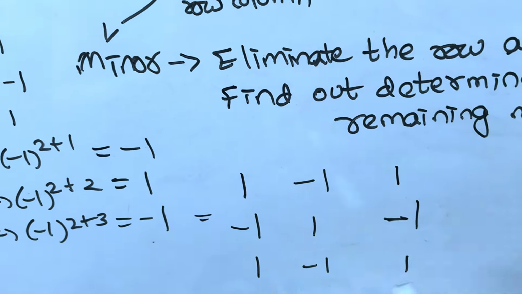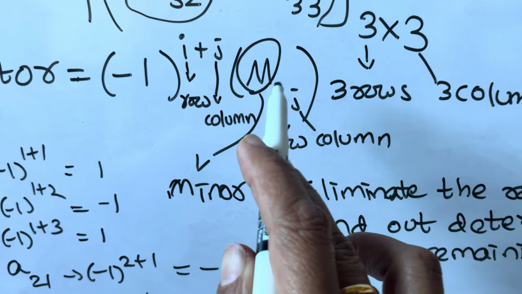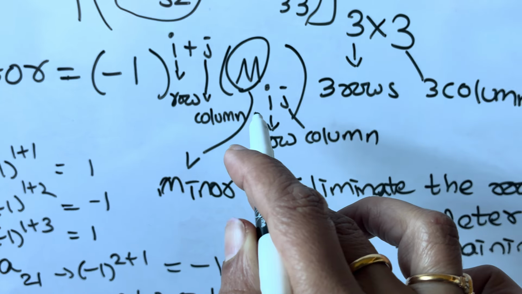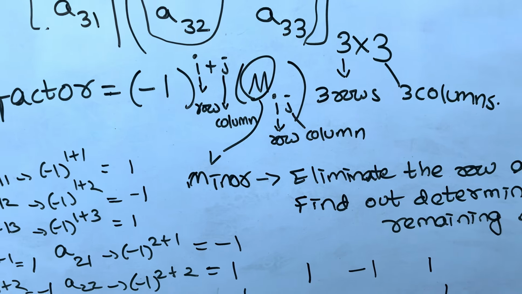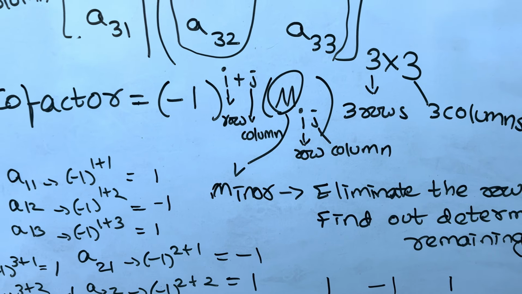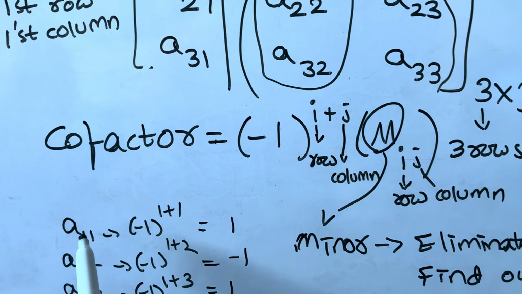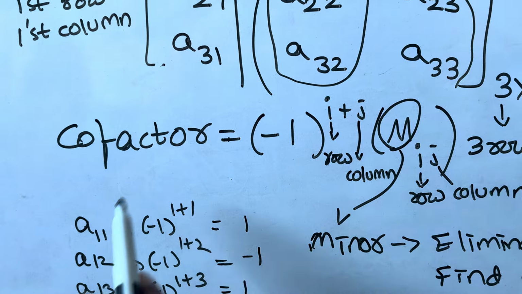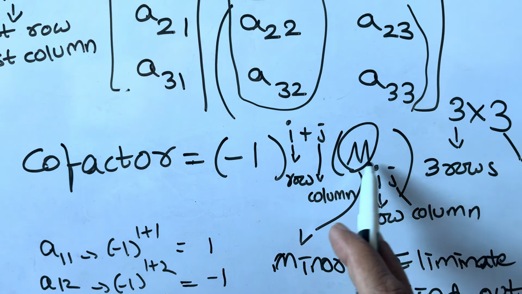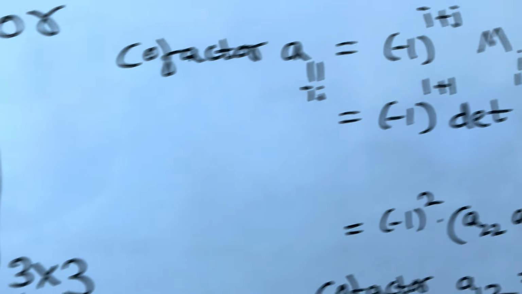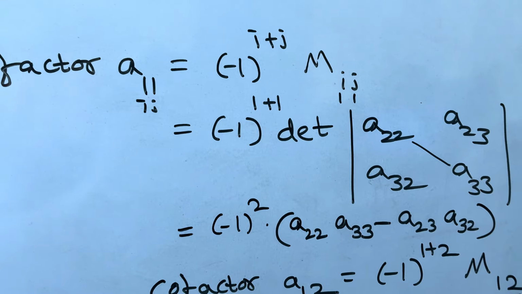And these are the minus 1 to the power i plus j, and those numbers should be multiplied with the minor of the eliminated matrix. And as you all know, the minor can be found out by eliminating the needed row and column. Suppose you wanted to find out the cofactor of A11, then you're going to multiply it with minus 1 to the power 1 plus 1 and the minor of 1 and 1, which is this one over here.